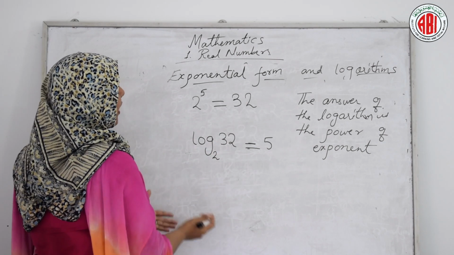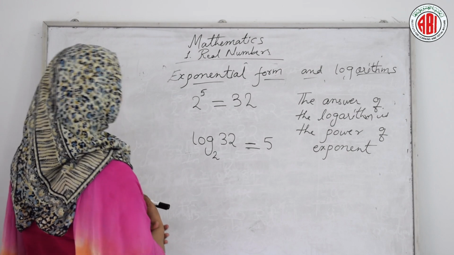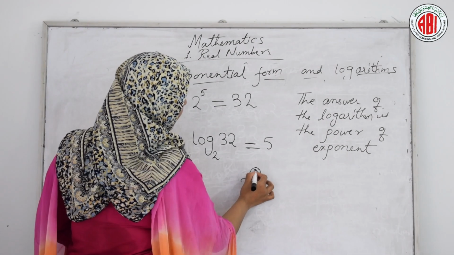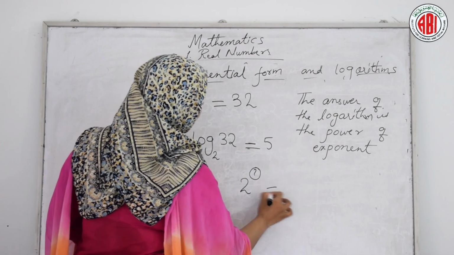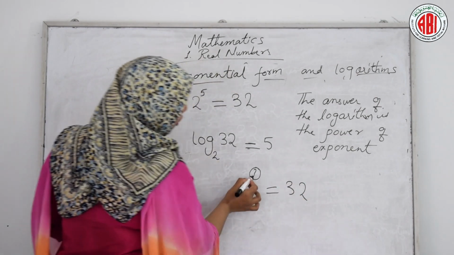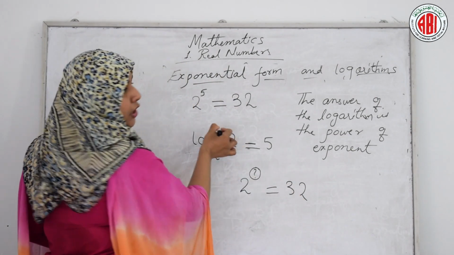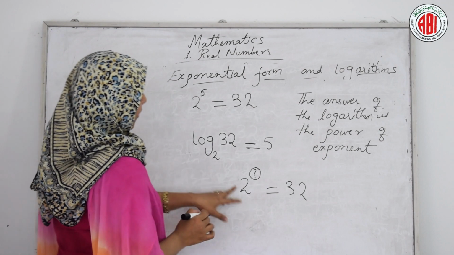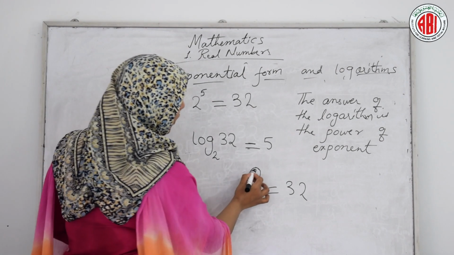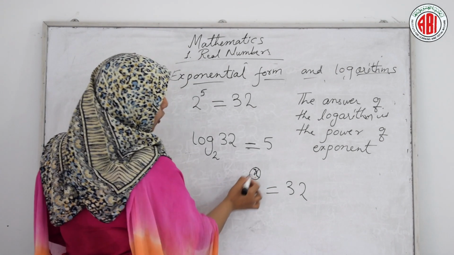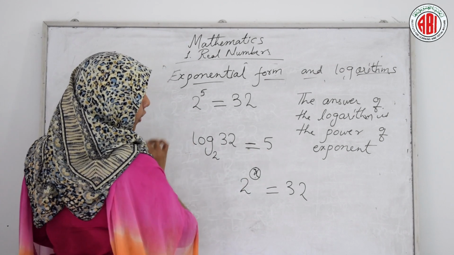Why we are doing this? That means, what will be the power of 2 to get answer 32? To find this power we are using the logarithms. What will be the value of 2 to the power x here? Suppose we can also write as x. To get this value we are applying logarithms.